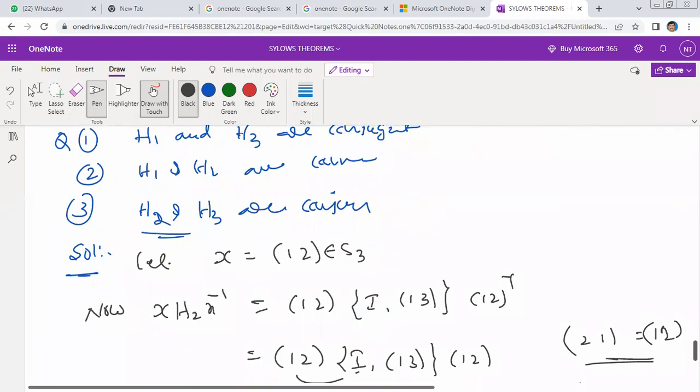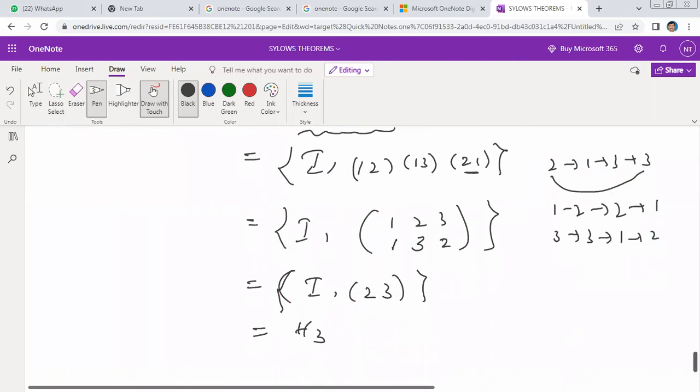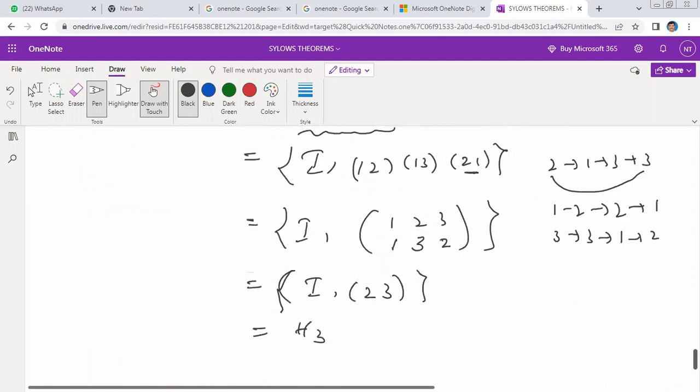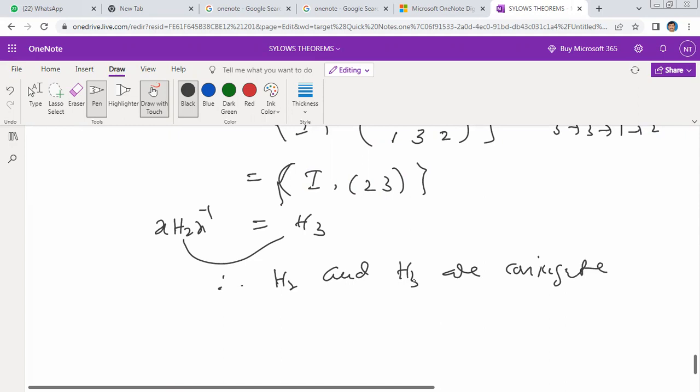So we get x H2 x inverse is equal to H3. Therefore H2 and H3 are conjugate.